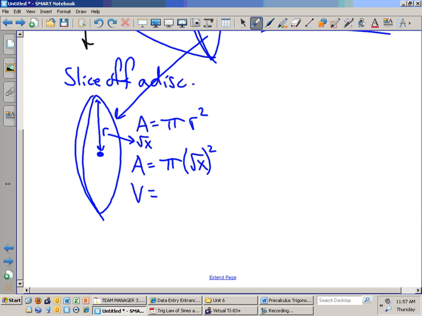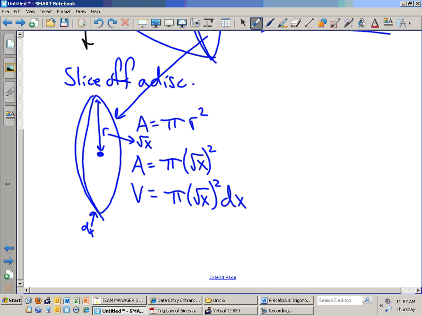Well, in order to find the volume of this, I would simply multiply it by the width. What do we use to represent width? dx. So this width right there is dx. So the volume is simply equal to pi times the square root of x squared dx.